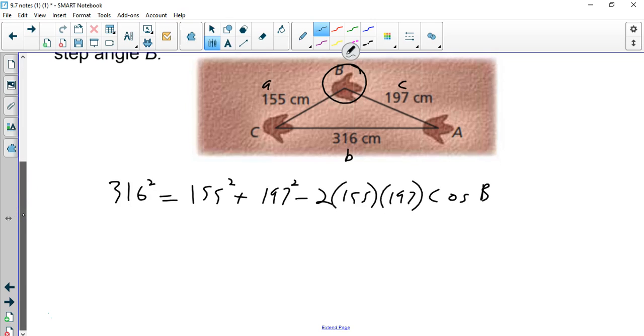Now we just crunch the numbers. So they're pretty big. This is 99,856. This is 62,834 minus 61,070 cosine of B.